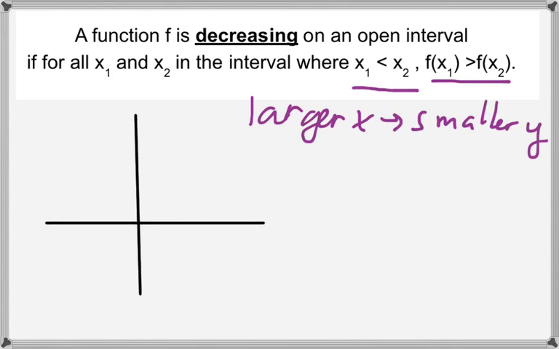Now again, as x values get larger, that means we're going to the right. So this is saying that as we move to the right, the y values now are getting smaller. So we might have something like this.